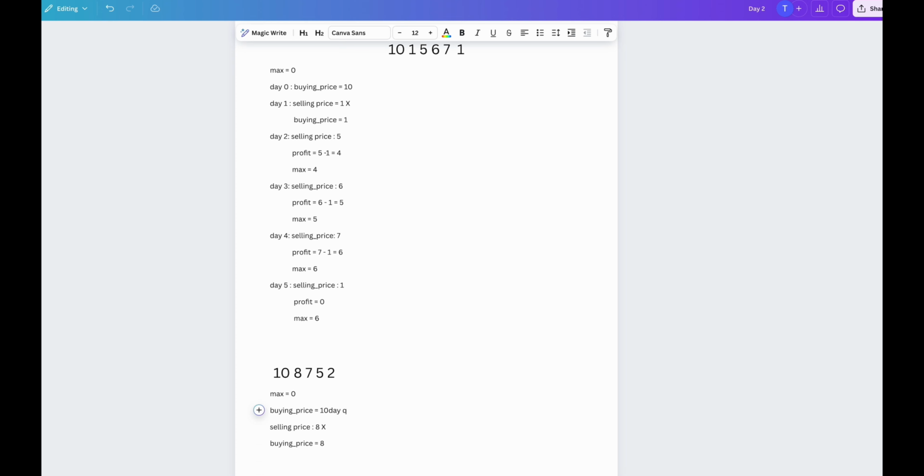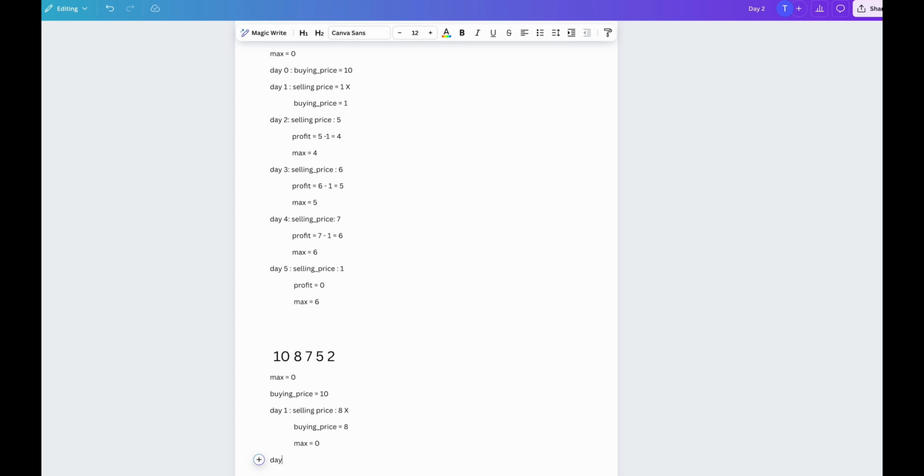I'm saying day 1 because I am just assuming that my index position is starting from 0, so my day is starting from day 0. So selling price and buying price becomes 8. So I'll not calculate the profit and my max will continue to remain 0 because I don't have any selling price.